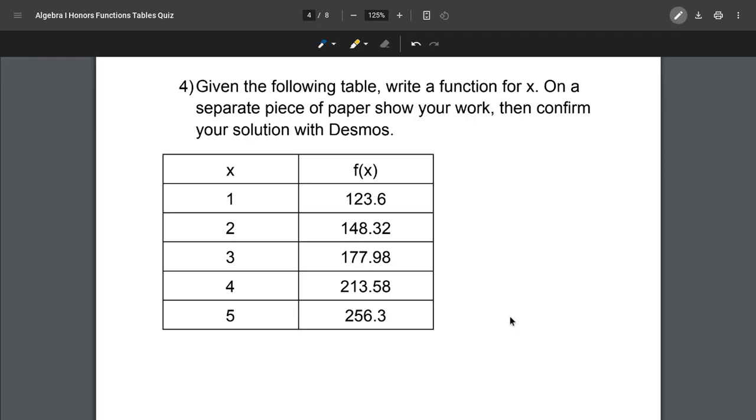Okay, this next one, we also don't have an x value of 0. And we look at this jump, and you can tell right from looking at this, this isn't consistent. So if I want to figure out first my base of my exponent, I'm going to take 148.32, and I'm going to divide that by 123.6.